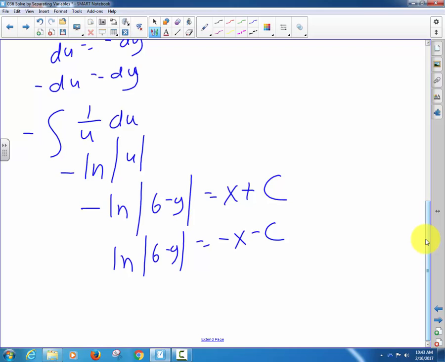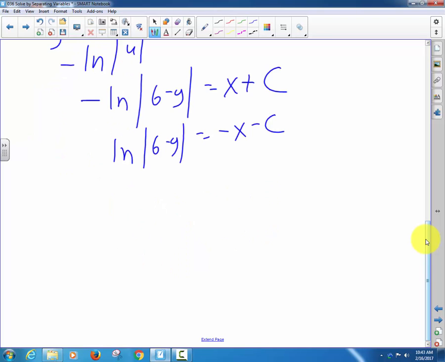None of our multiple guesses have ln in the answer. So how can we undo ln's? E, okay? So we're going to change this into e's now. We've got 6 minus y equals e to this ugly power, e to the negative x minus c. All right? We're getting closer.